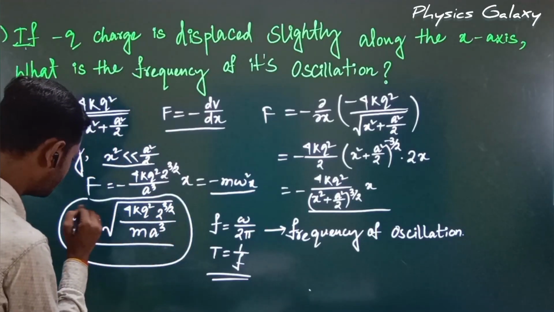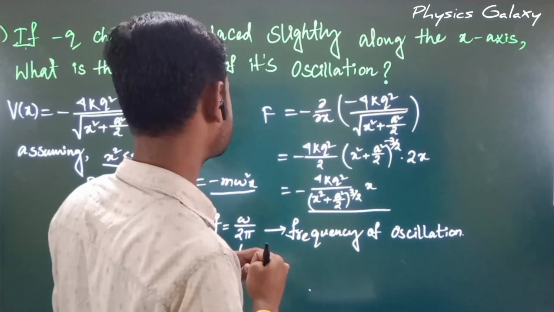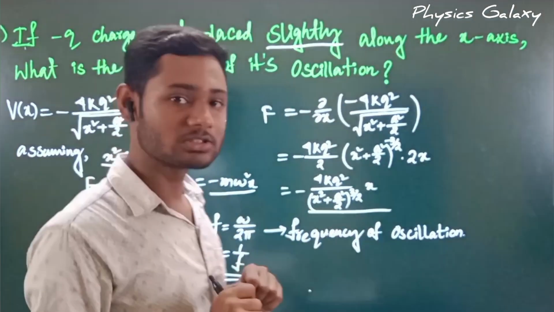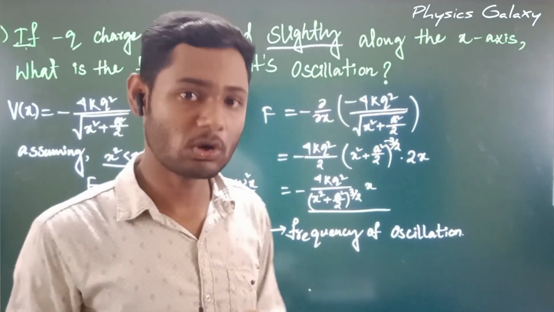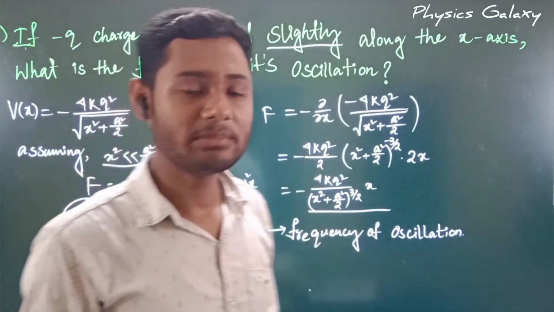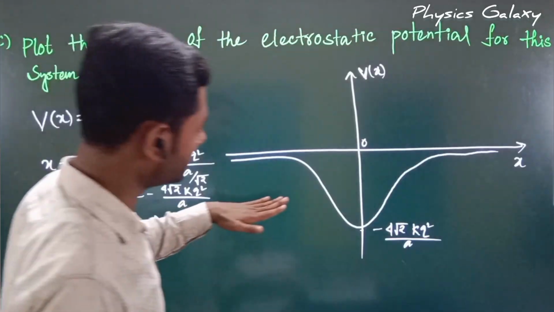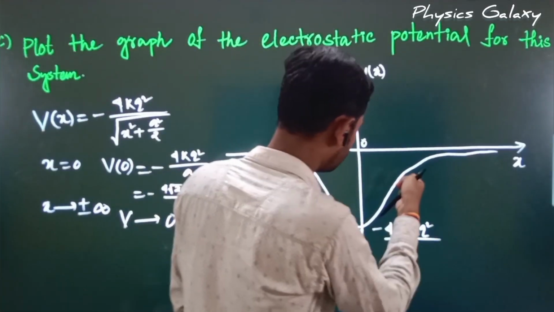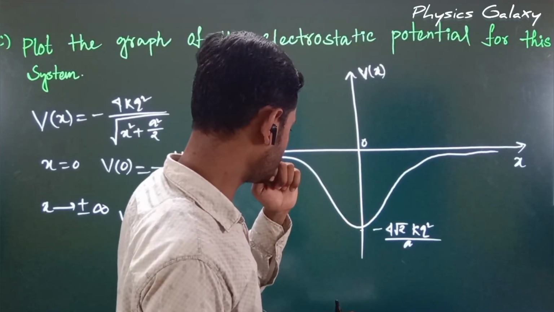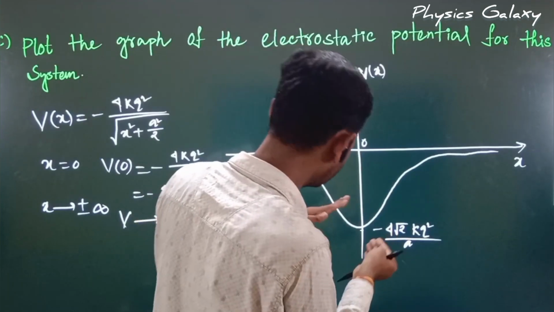This omega is actually the frequency of oscillation for small displacement. For small displacement, I can approximate this system as a one-dimensional harmonic oscillator. You can see this by this graph: I can approximate this for lower value of energy.